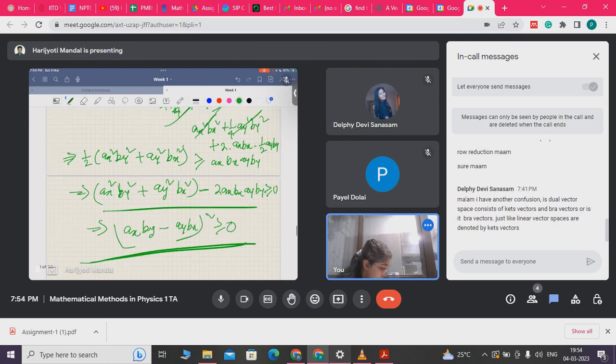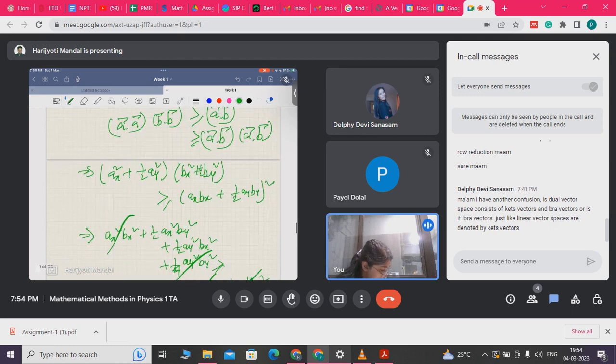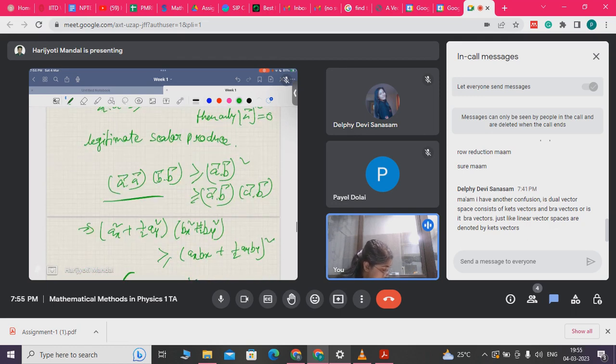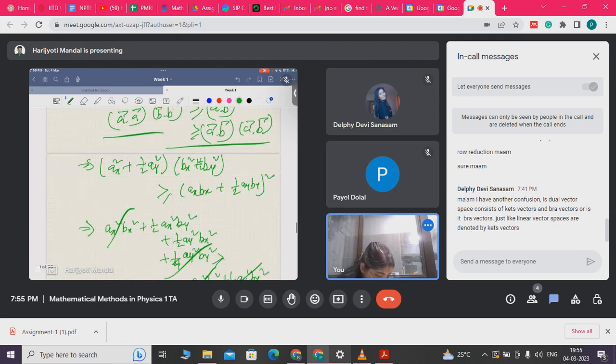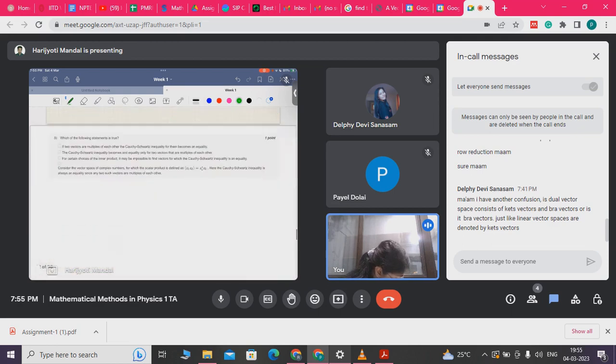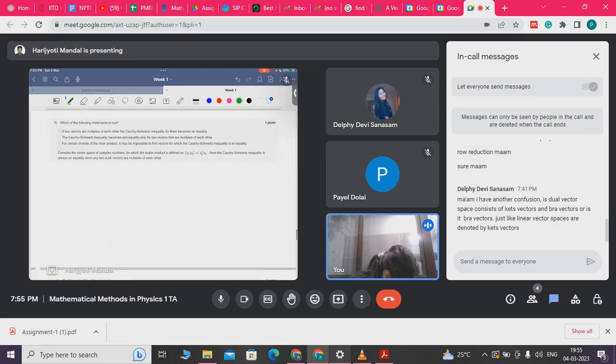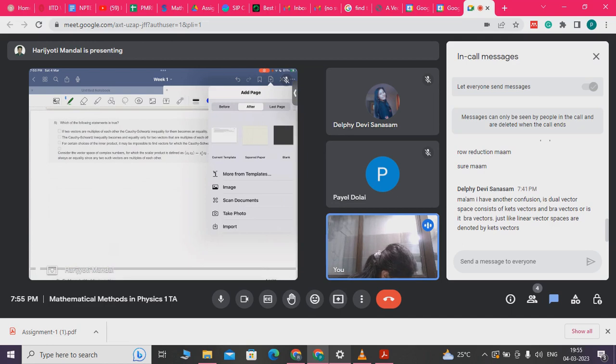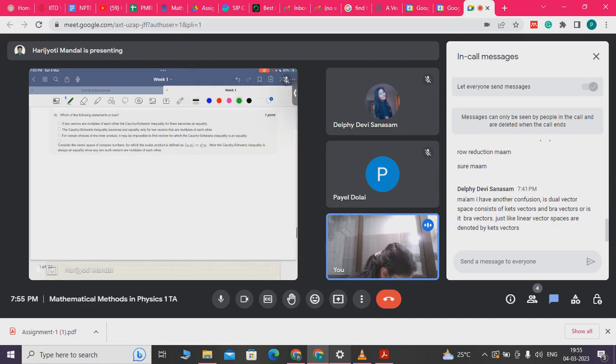It can also be written as AX BY minus AY BX whole square greater than or equal to 0, which is a true thing. Any square has to be greater than or equal to 0. It is true, that means this thing is true. So it satisfies the Cauchy-Schwarz inequality.